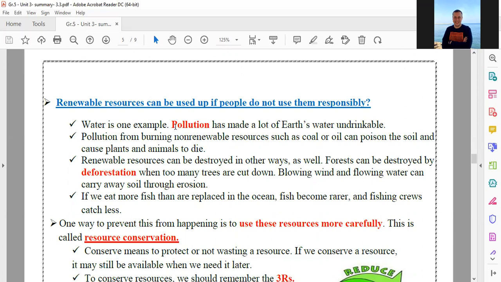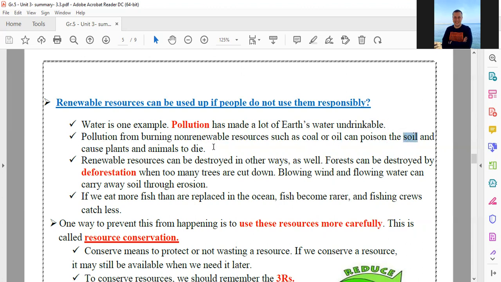Water is one example. Pollution has made a lot of Earth's water undrinkable. Yes, pollution has reached the water and it became polluted or contaminated, and we cannot drink it. Pollution also from burning non-renewable resources such as coal and oil can poison the soil and cause plants and animals to die.